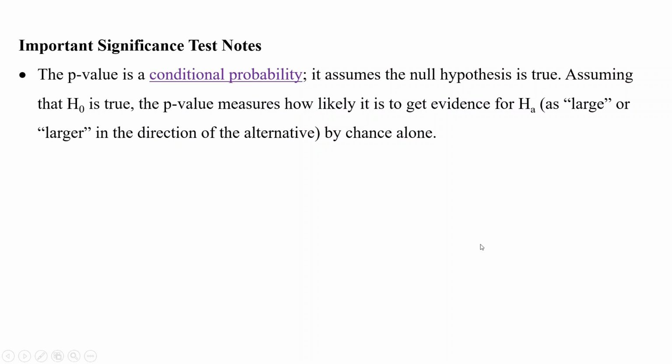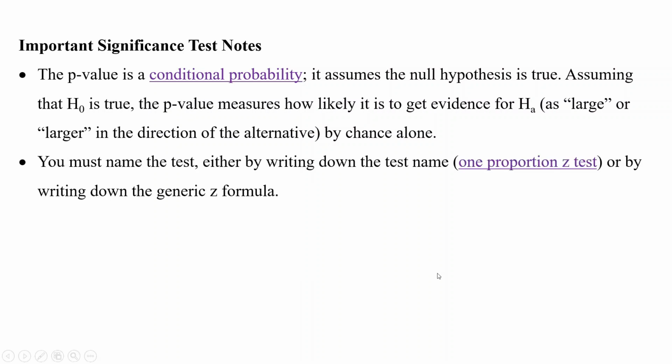So interpreting the p-value is going to be a skill you have to know how to do. And not just the conclude part of the test, but actually interpreting what a p-value is. And a p-value is the probability we get a p-hat value given our null or our claim is true.